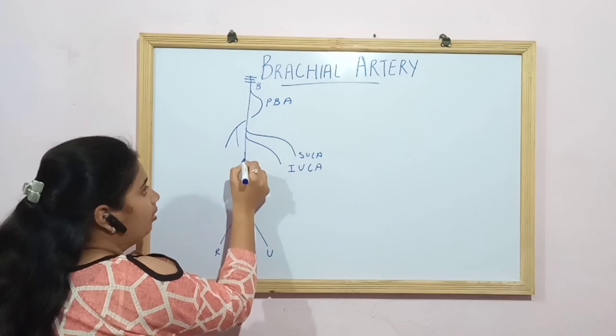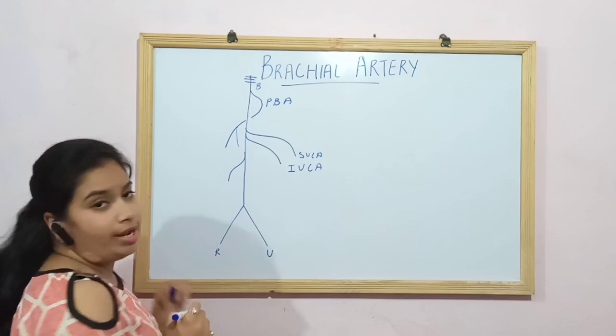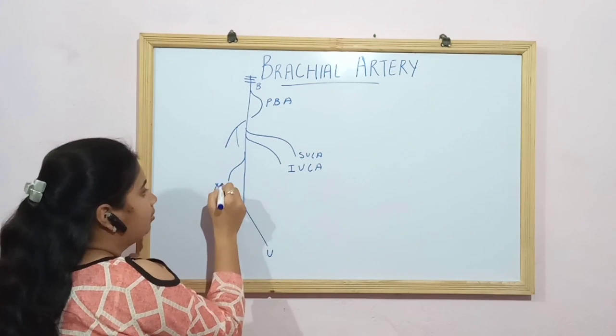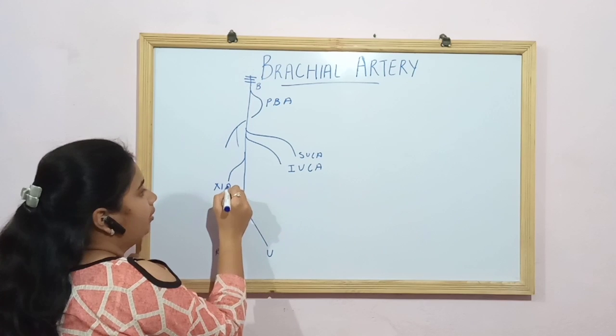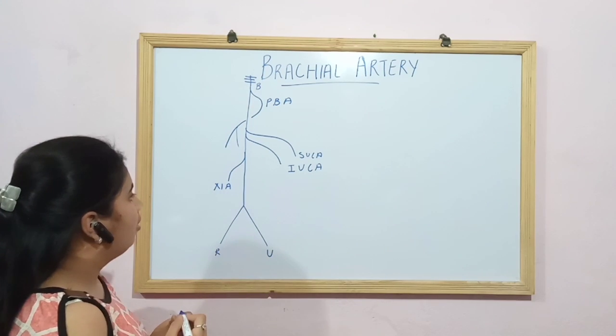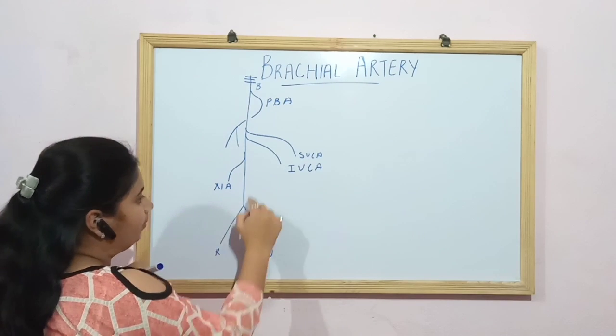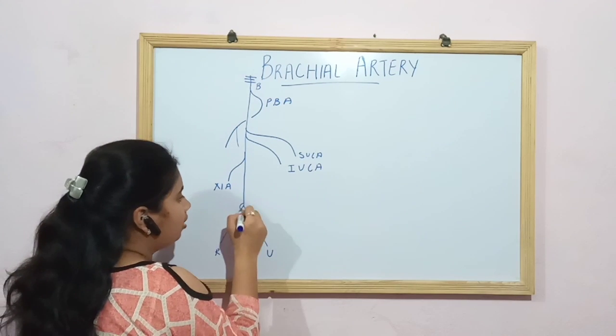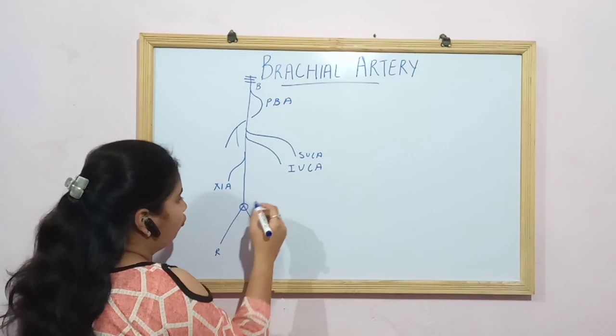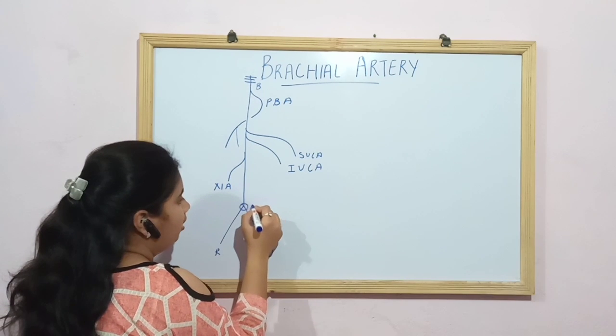Okay. Now here, this is the nutrient artery of the humerus. This is your nutrient artery. And this is the terminal branch bifurcating into two, radial and ulnar artery.